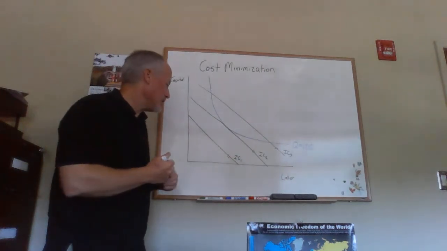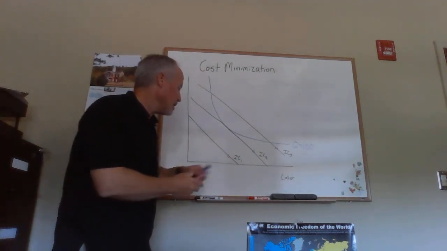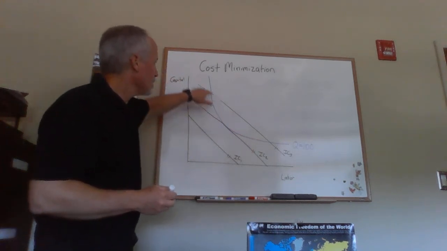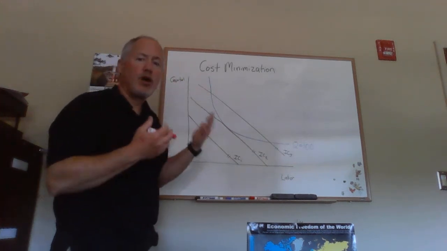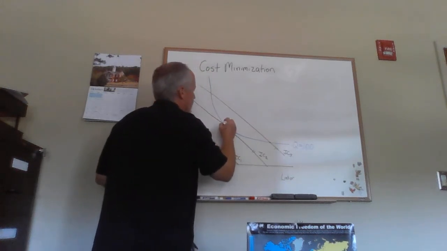I'm indicating that these lines are parallel. Now, let's consider some different points here. The firm wants to produce 100 units of output, and they want to find the lowest cost way of doing that. Well, let's pick 3 different points here.